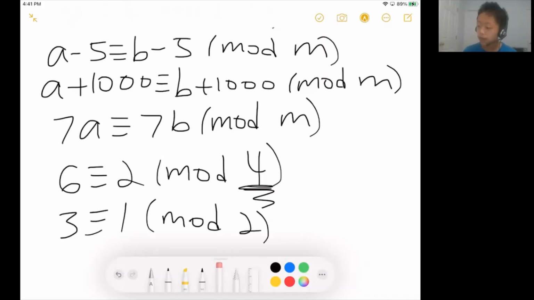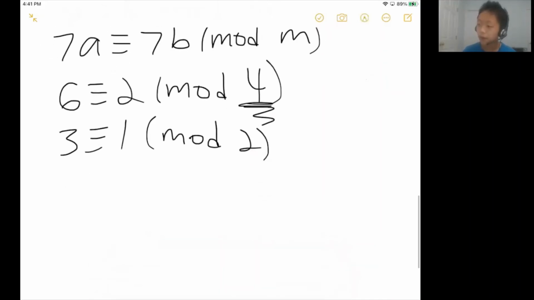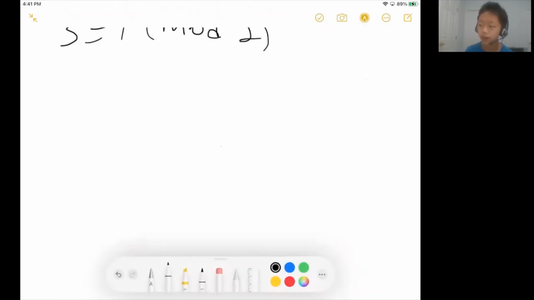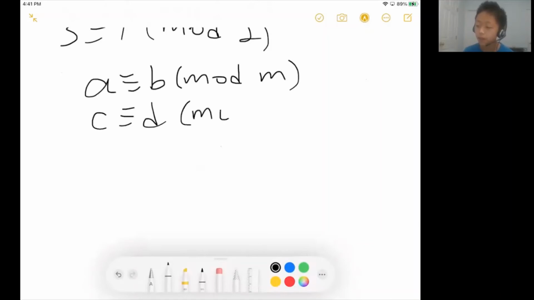Now let's talk about a few more properties that relate multiple congruences. Let's say instead of just one congruence, A is congruent to B mod M, we also had something like C is congruent to D mod M. So now we call this a system of congruences.